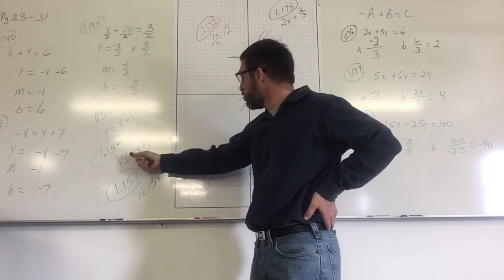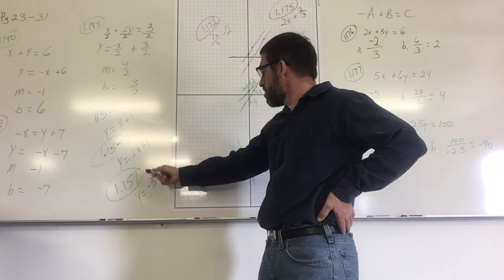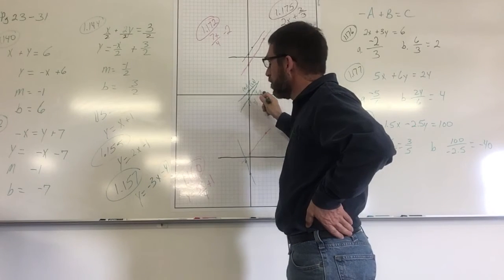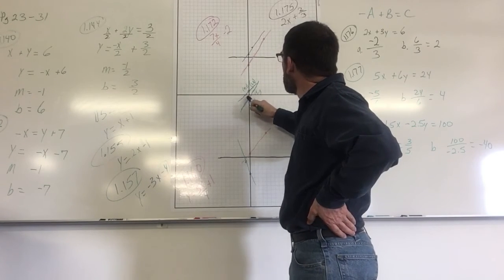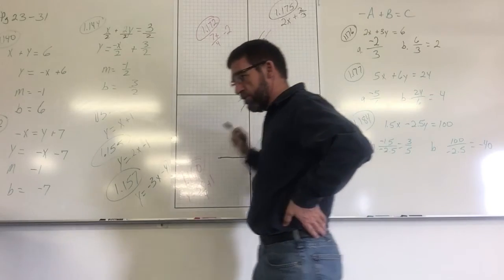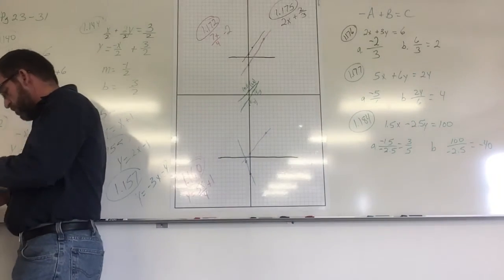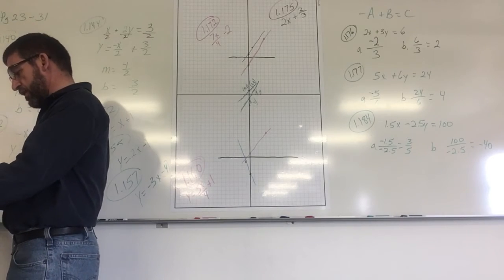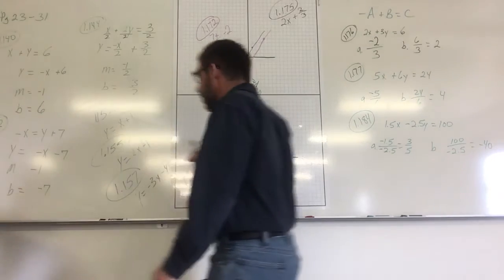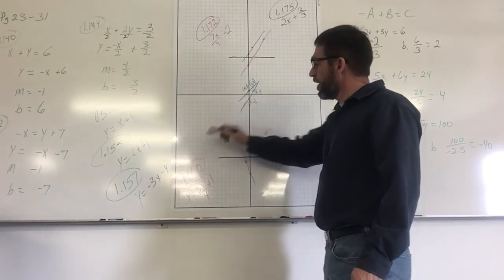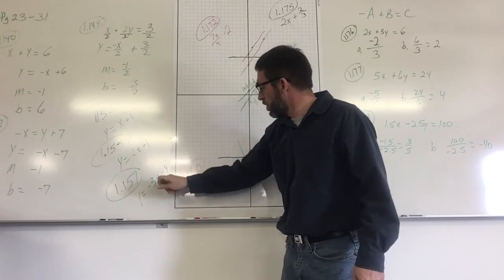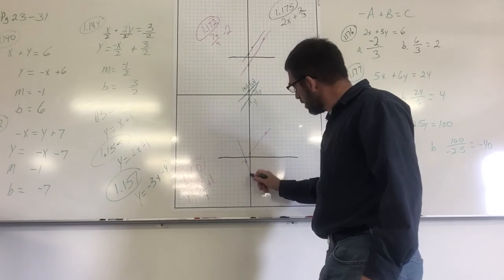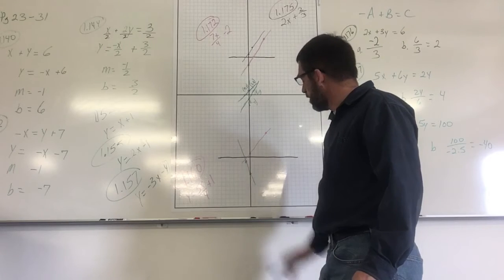You see here when we went 2 up, I went 2 up over 1 for this one here. And I know that 1155 is right because I went 2 up over 1. I can check that to be sure. 1155, yes. I went down 1, then I went up 2 and right 1. So this one is correct, this 2x negative 1. So I'm still confused about this negative 3.